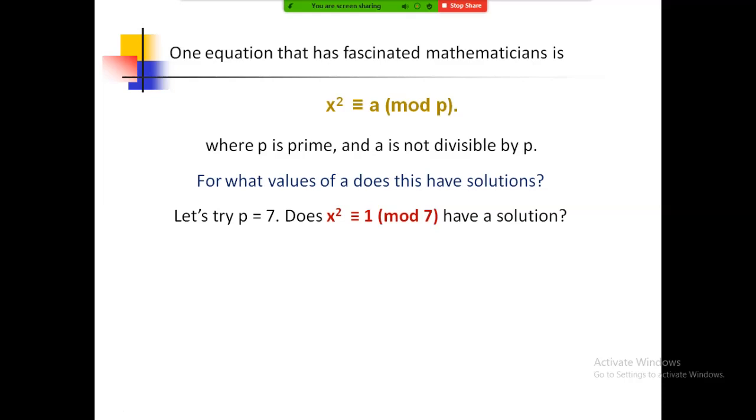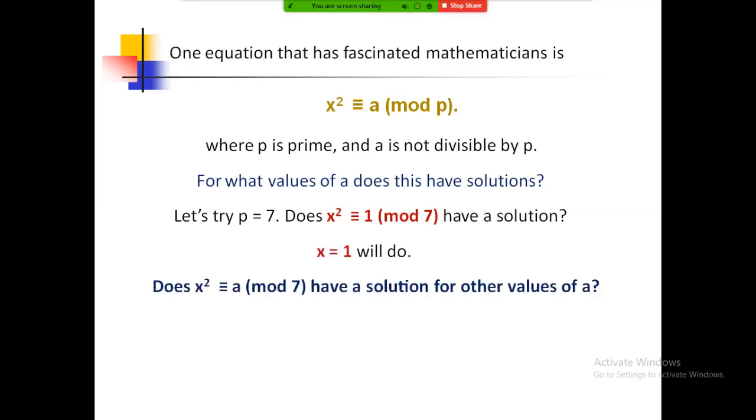First we take A equal to 1 and P equal to 7. So x is equal to 1. Here x square congruent to 1 mod 7, so the value of x is 1. 1 will do, that's all. Then does x square congruent to A mod 7 have a solution for other values of A?